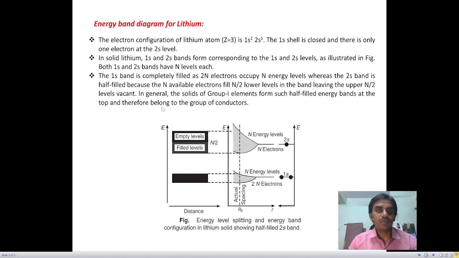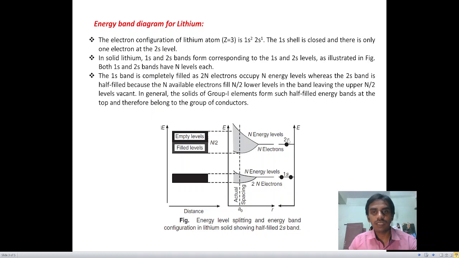For example, take the lithium atom, whose electron configuration is 1s2 2s1. Here the 1s shell is closed and there is only one electron at the 2s level. In solid lithium, the 1s band corresponds to the 1s energy level, and the 2s band corresponds to the 2s energy level.